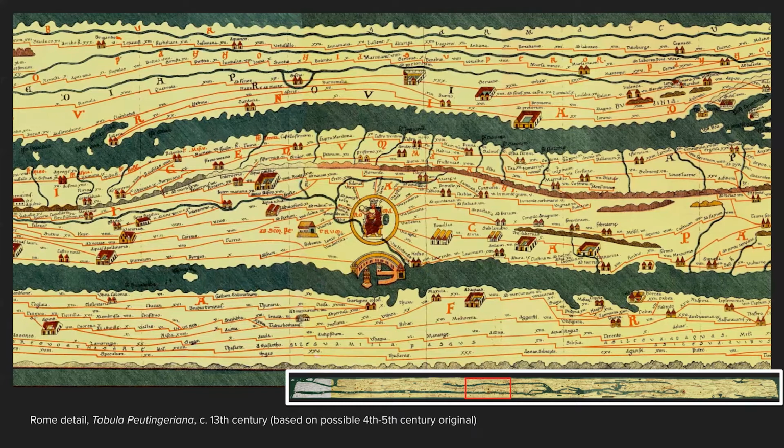If you know you need to get from Rome to a place in Far East Asia, or as far east as the Roman Empire went, you just plan your route out by tracing your finger along these little red lines, and you can see where forts and towns are as you go along. You can tell, okay, I need to take the first right, and then go through 4 towns, and then I'll take a left, and then another town, and just keep going until I get to somewhere way far east in the Roman Empire.